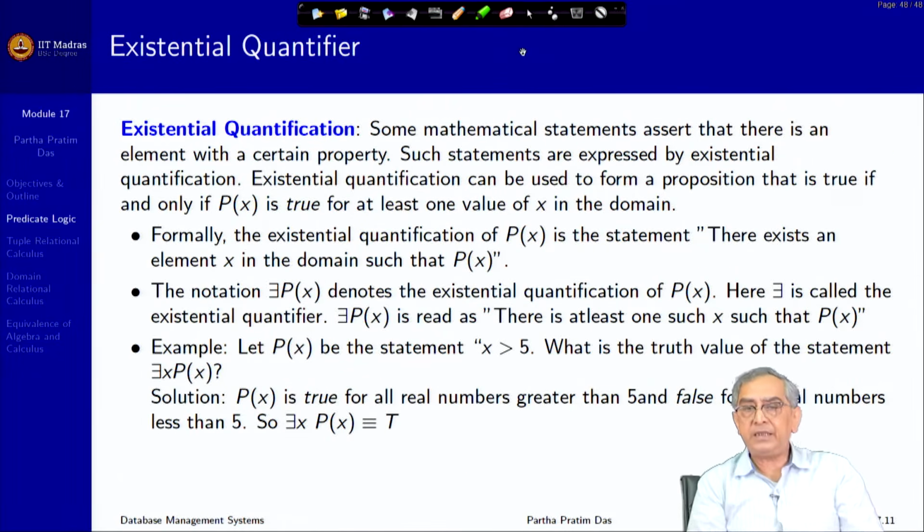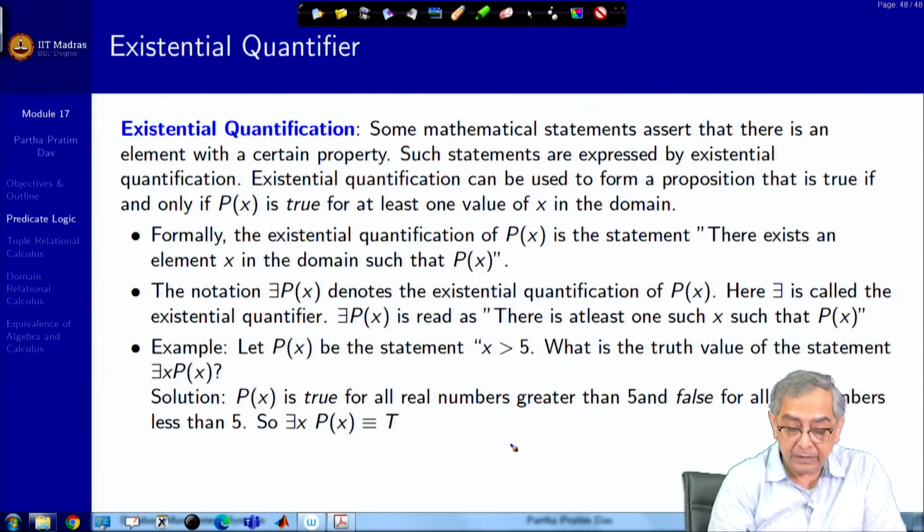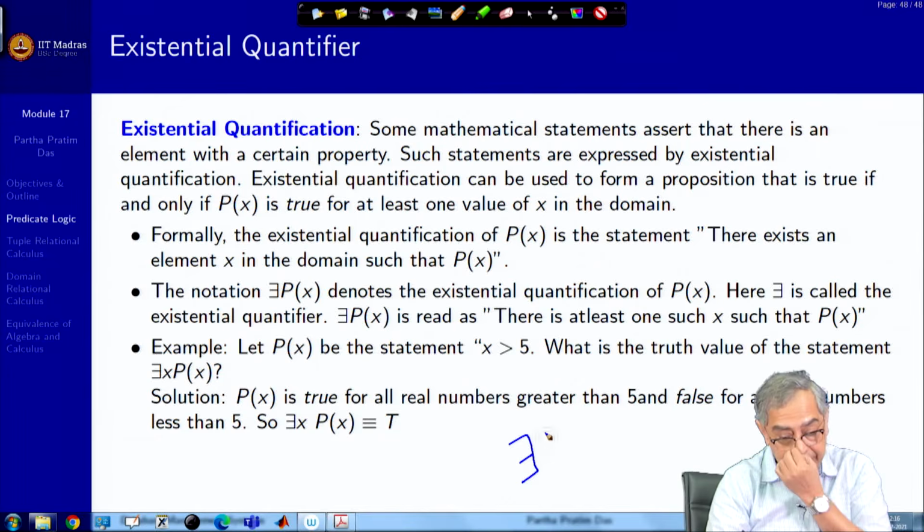The other is the existential quantifier, which is on very similar lines, where it asks whether there exists at least one value in the domain of discourse where Px is true. It is written as: there exists x Px.